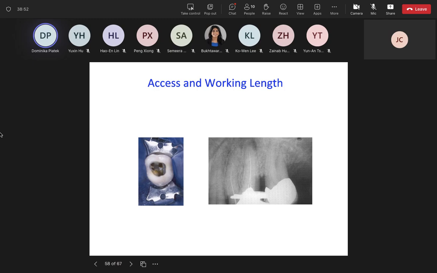Sometimes the apex locator does not show us proper readings, or if we are not sure if we can have some kind of jumping in those readings, it's better to do an X-ray with the gutta-percha points inserted to the root canals, or with the files inserted to the root canals, and that way we will see directly on the X-rays if we are at the proper area of the apical foramen in each of the canals.